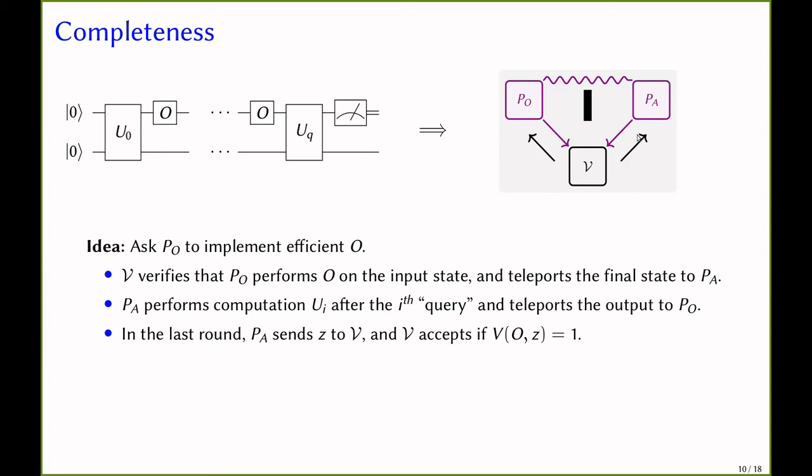So in the protocol, we interleave the computation done by PO and PA, and then finally PA outputs a string, and the verifier checks whether the string is the hidden shift.